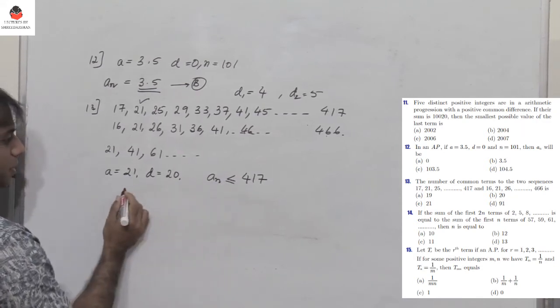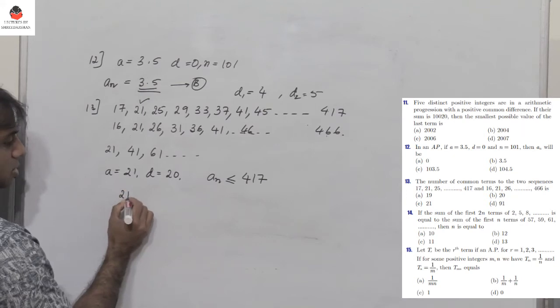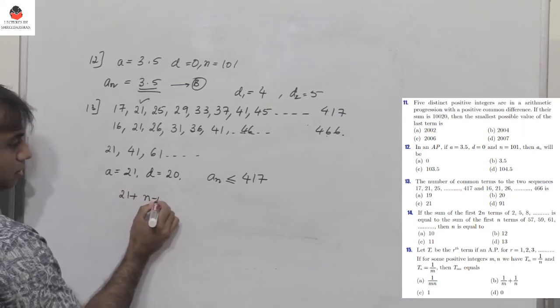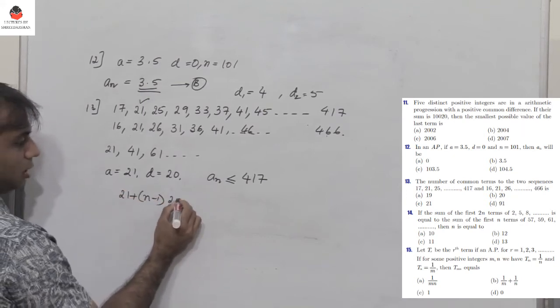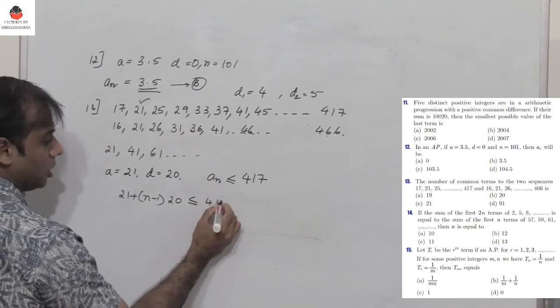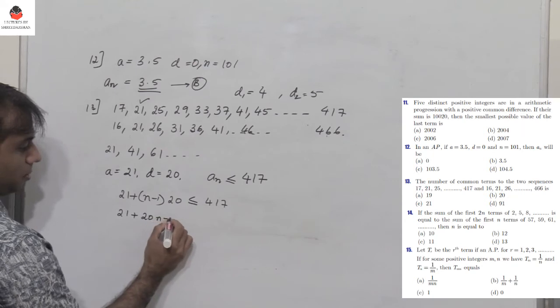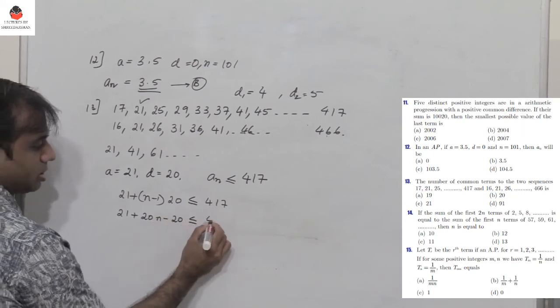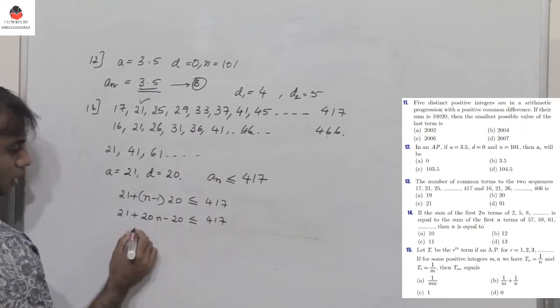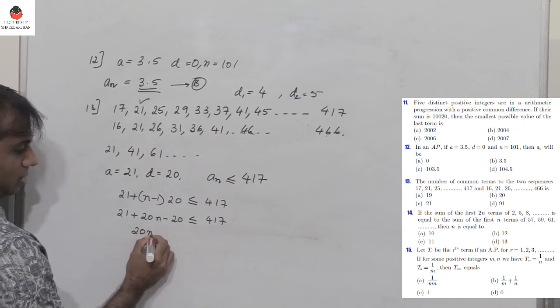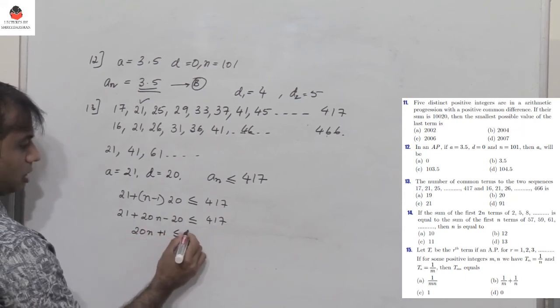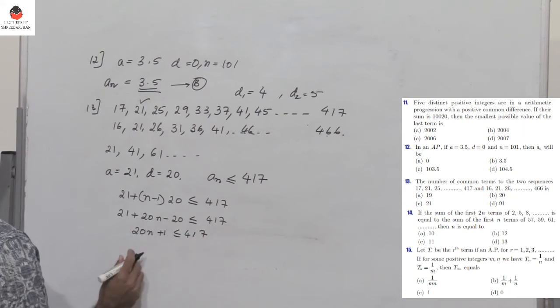So we have the expression A plus N minus 1 into D must be less than or equal to 417. So 21 plus 20N minus 20 must be less than or equal to 417. So you have 20N plus 1 less than or equal to 417.